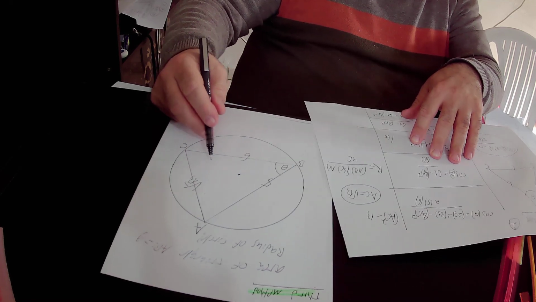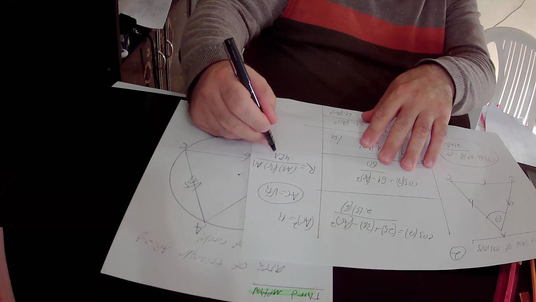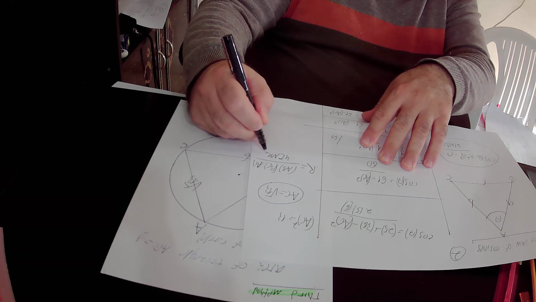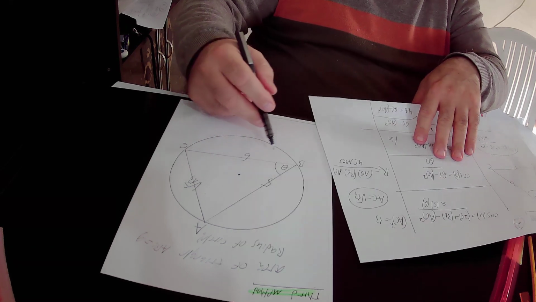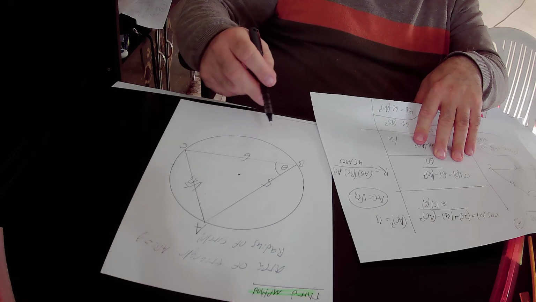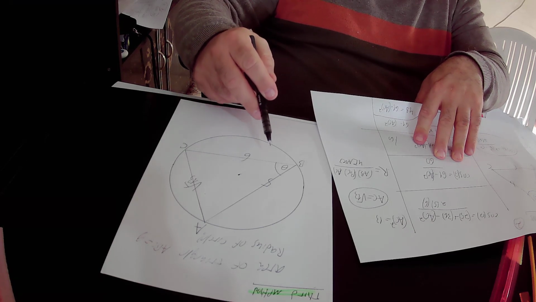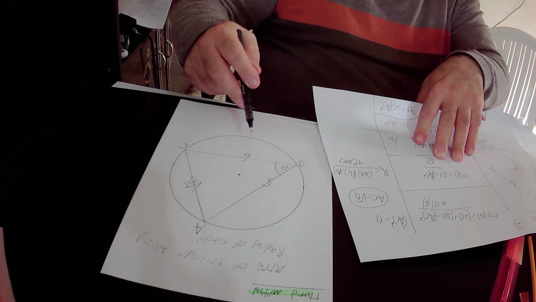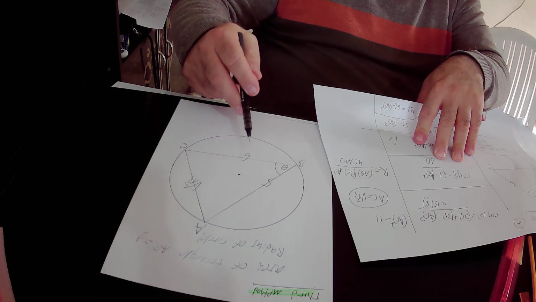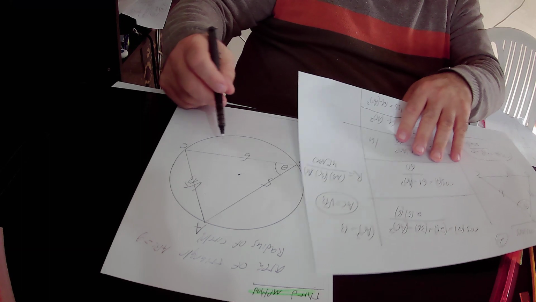In this case, it is triangle ABC. So the radius of this circle equals the multiplication of the sides of the triangle over 4 times the area of this triangle.